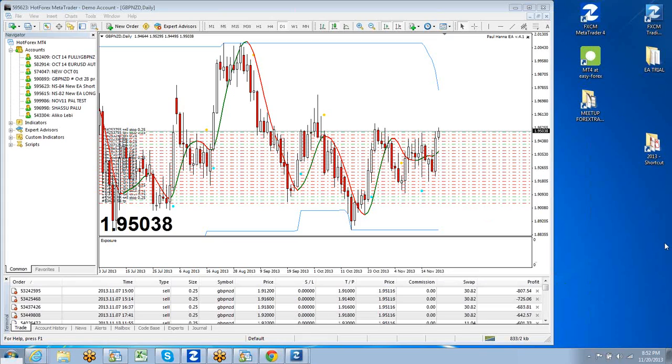So after 4 or 5 days, the equity also starts building up. Balance goes up, equity goes up, balance goes up, equity goes up.